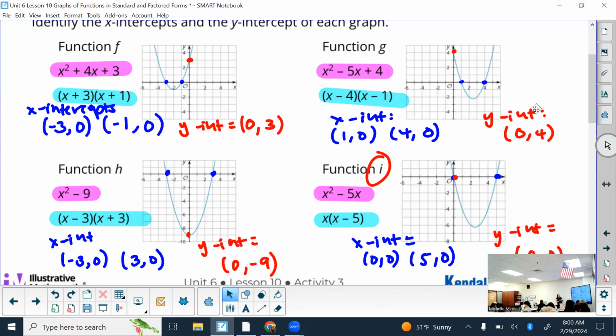Now, look at your y-intercepts and our standard form. Where do we see our y-intercept in our standard form? For function f. Where do we see our y-intercept in function g?